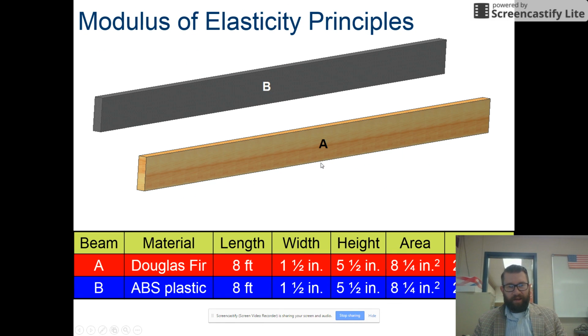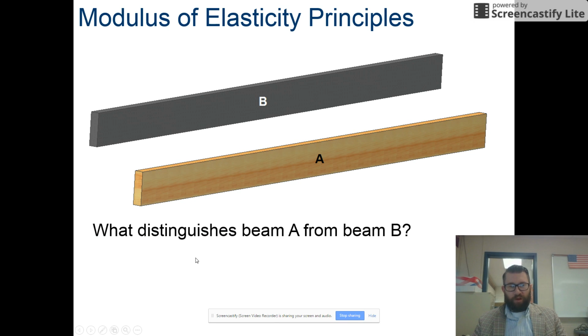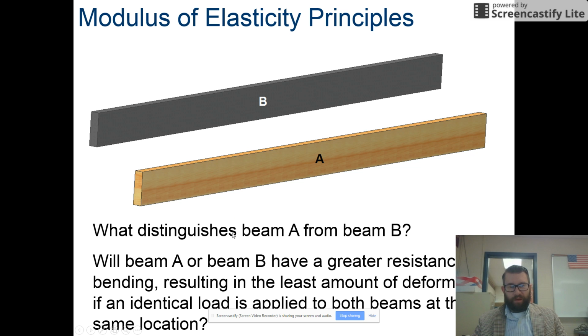So if I take A, which is Douglas fir, and I take B, which is ABS plastic, which one is going to have a greater modulus of elasticity? Everything else stays the same, therefore these two beams have the same moment of inertia. So what distinguishes beam A from beam B? Well, of course, it's the material. So which one will have a greater resistance to bending, the plastic or the wood, if the same load is applied?